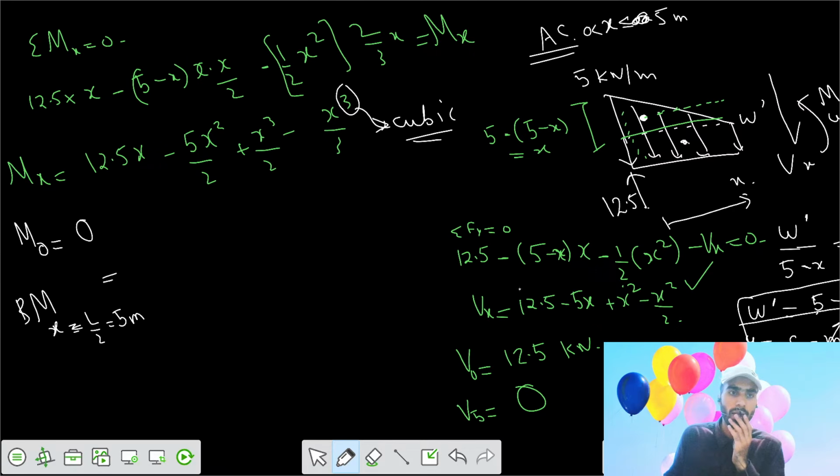Then you solve that, substituting x equals to 5 meter, you can calculate the bending moment: 12.5 into 5 minus 2.5 into 25 plus 125 by 2 minus 125 by 3. That we got the value of 20.833 kilonewton meter.